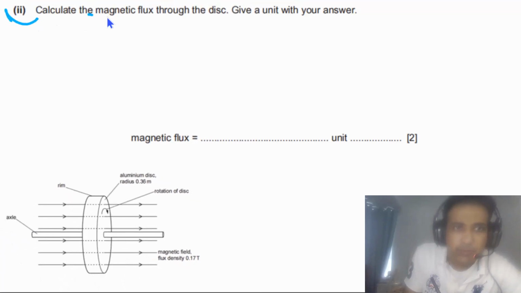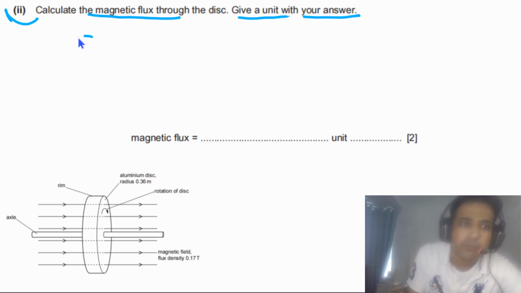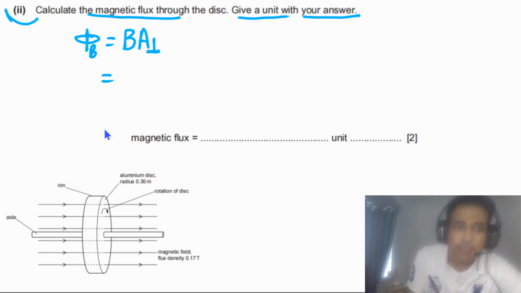Second part says calculate the magnetic flux through the disc. Give a unit with your answer. Now we have to use the formula. We have already discussed that magnetic flux is equal to the product of magnetic flux density and area perpendicular to magnetic field lines. If you look at the given information, we have the value of magnetic flux density, 0.17 Tesla.